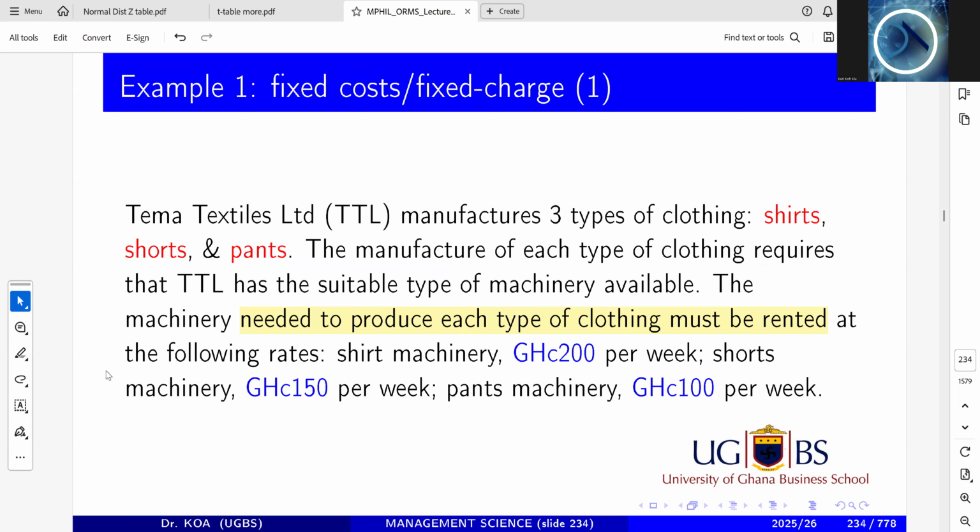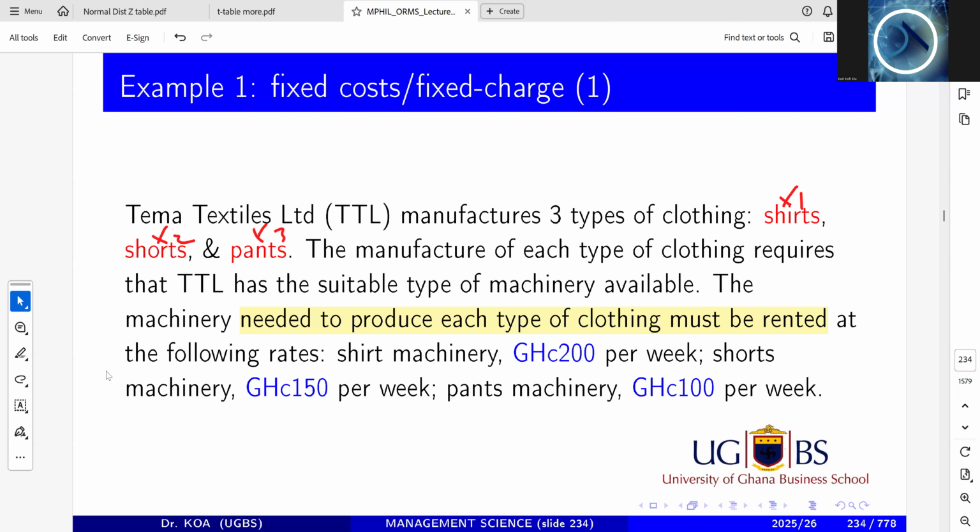Let's start. Tema Textiles Limited manufactures 3 types of clothing: X1, X2, X3. Pay attention. X1 is shirts, X2 is shorts, X3 is pants.